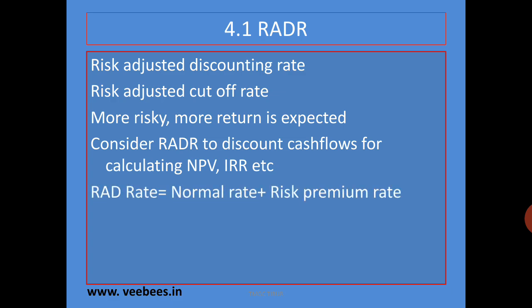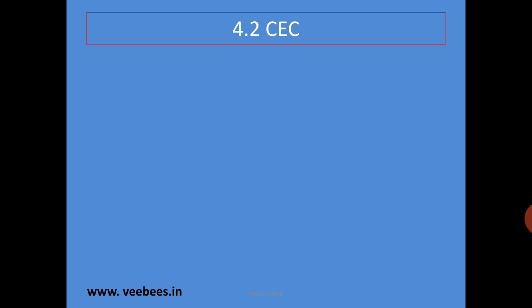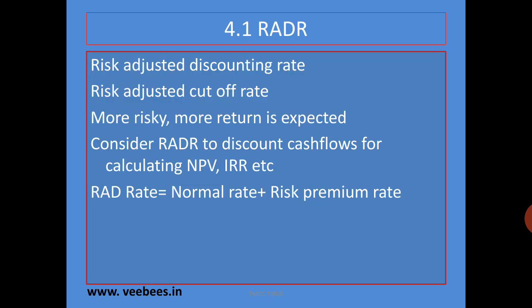Risk adjusted discounting rate is equal to normal rate plus risk premium rate. If normal rate is 10% and the rate for taking additional risk is 1%, then RADR is equal to 10% plus 1%, 11%. It is a risk adjusted discounting rate.